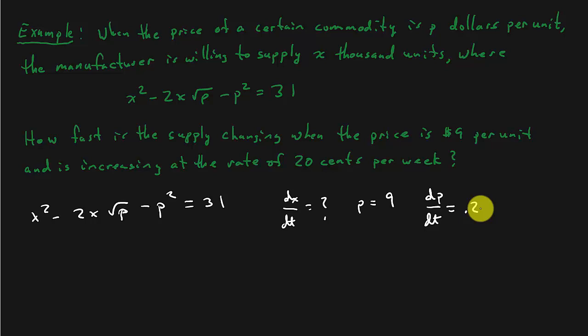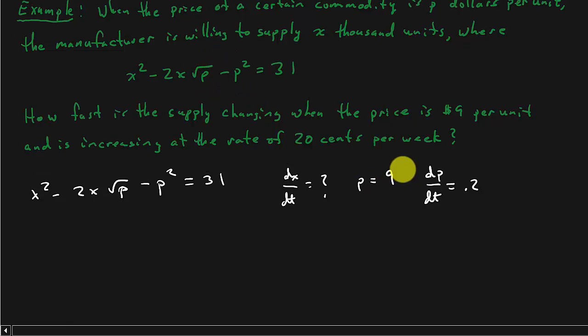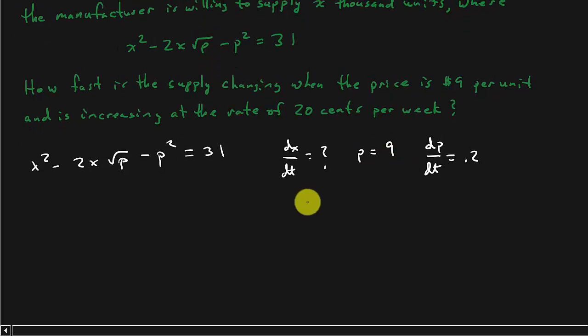And the other thing that we're probably going to need to know is what x is also, right? So how do we find x? Well, they tell us we want all this information when P is 9. So if we take 9 and plug it in, we've got x squared minus 2x square root of 9 minus 9 squared equals 31.